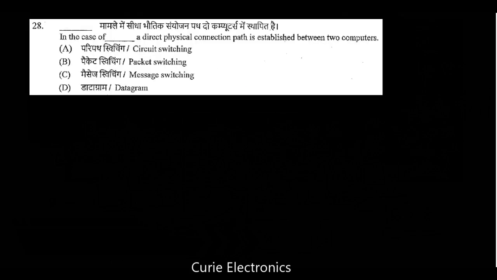In the case of a direct physical connection path established between two computers, the answer is circuit switching. This is a direct connection, or we can say connection oriented. Packet switching is connectionless.